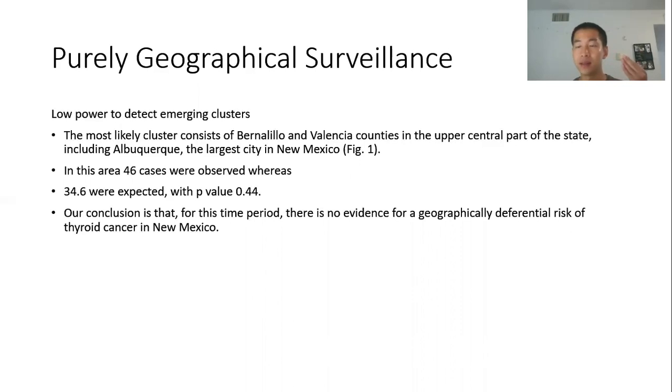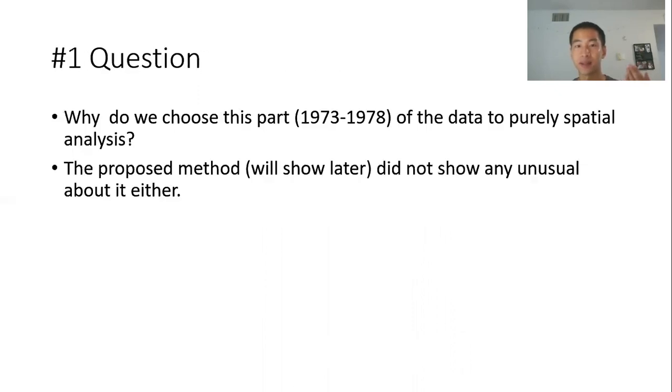Basically, this paper confused me at this point. So here comes my question number one. Why does the author choose this part of the data, 1973 to 1978, to do the purely spatial analysis? The proposed method, as we will show later, didn't show anything unusual about it either.